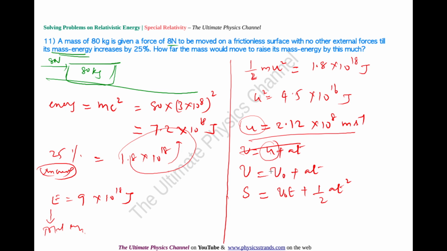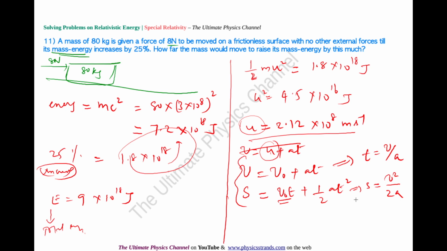Since initially the object is at rest, V naught is 0. So we have one expression here, that is time is V over A. And then here another expression again, this is also 0. So we have another expression for S: if you substitute V over A for the time, we get S as V squared over 2A from these two equations.